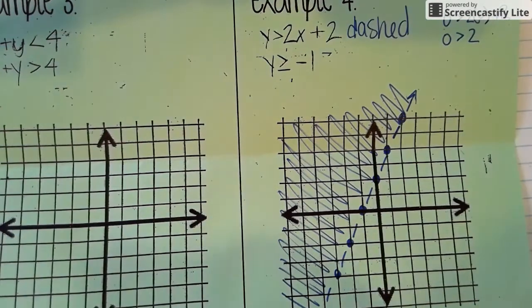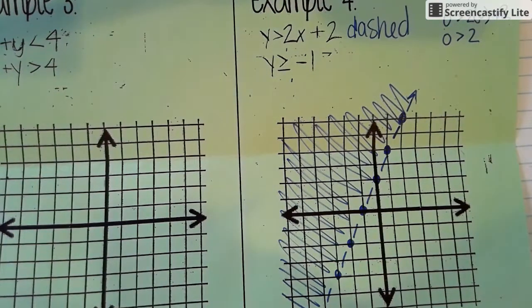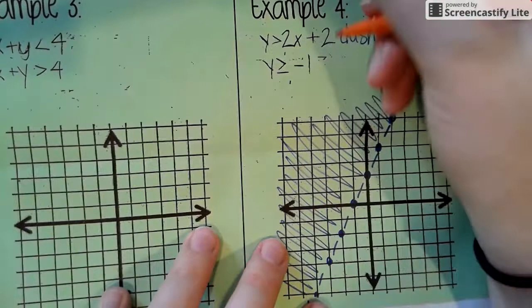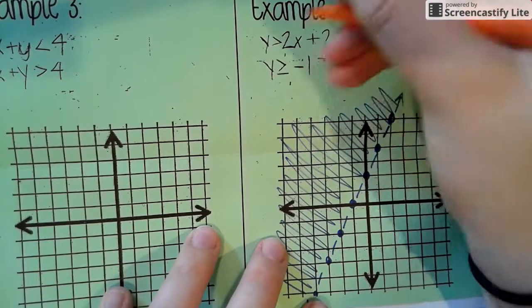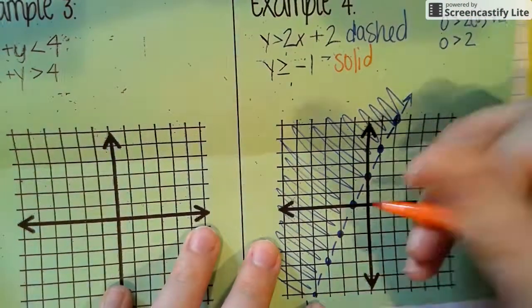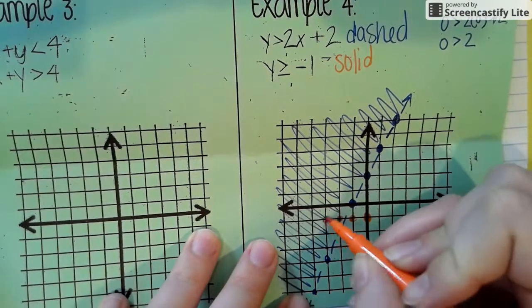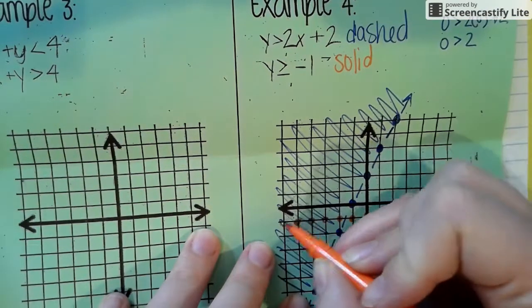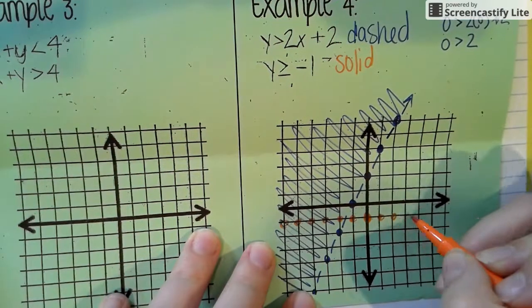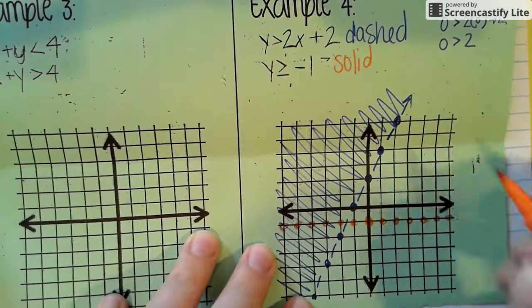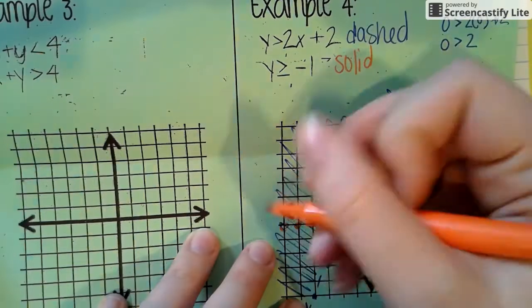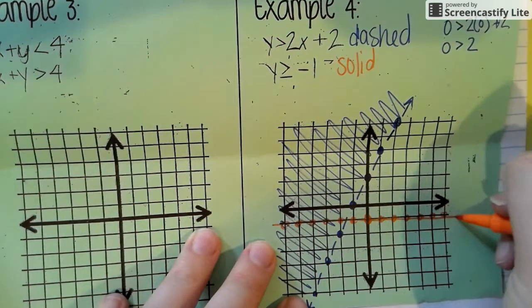And this next one is y is greater than or equal to -1. So I would start, this is going to be solid because it's a greater than or equal sign. I start at -1 and I want all points that make y equal to -1. And that's going to be a horizontal line. So all of these points have a y value of -1, solid.